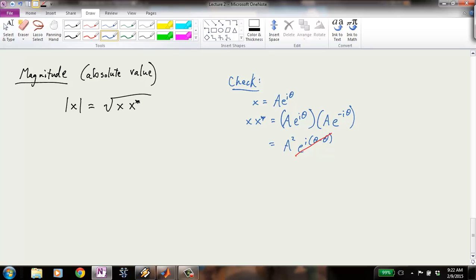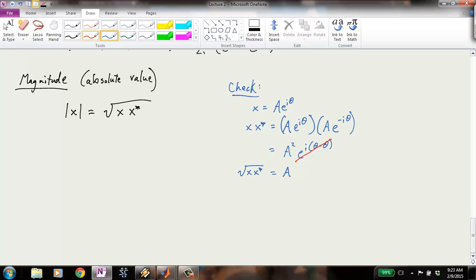You get a squared. Take the square root, and that equals a. And that's what we said was the magnitude. Okay, so this formula checks out, but this will work even if x wasn't expressed in polar coordinates. If it was in rectangular coordinates and you want to know what is the magnitude of this number, that's how you can calculate it.